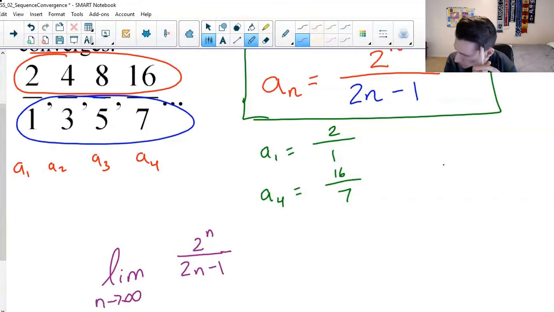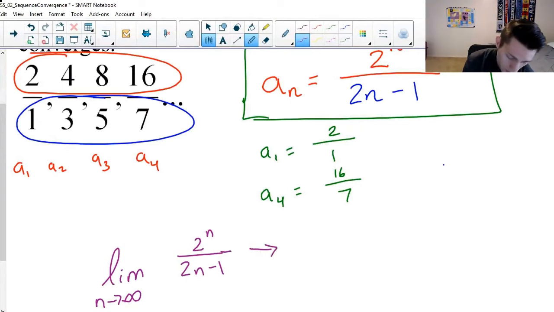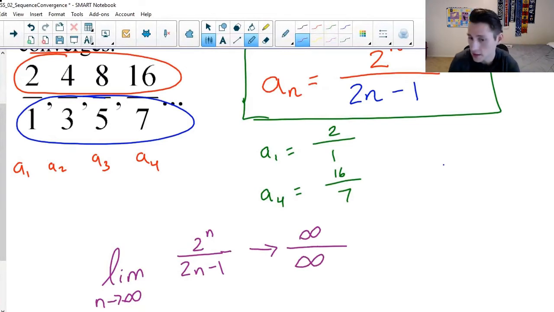When I see I have a rational function, right? I have a numerator, denominator. I'm thinking, is this going to be an indeterminate form? 2 to the nth power, that'll go to infinity. 2 times n minus 1, that will also go to infinity. So indeterminate form, we're going to want to use L'Hopital's rule.